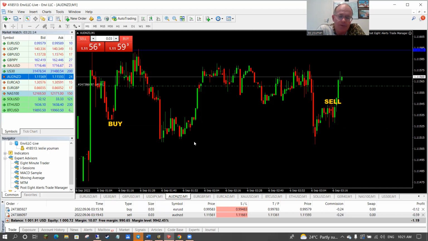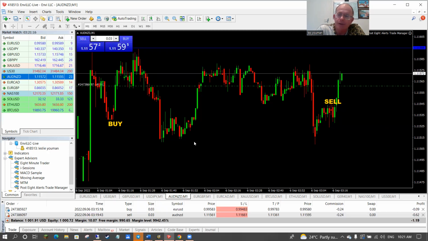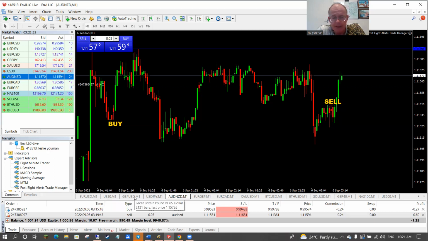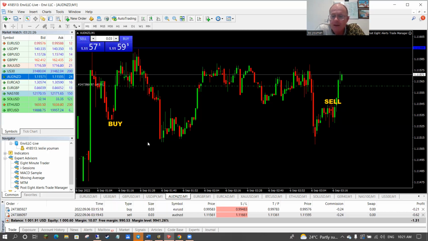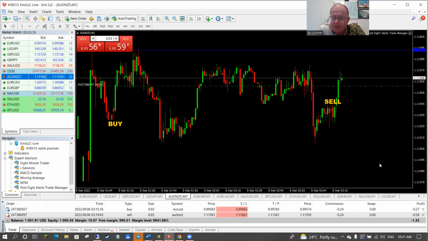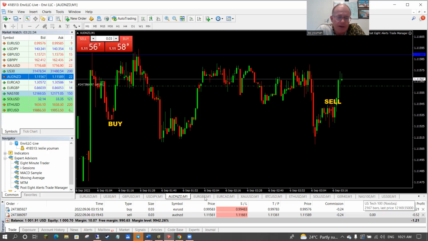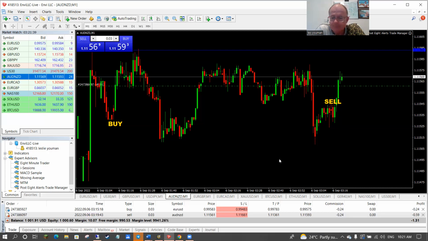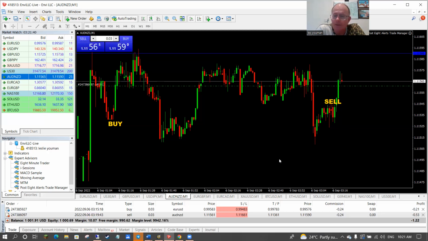So that would give me more exposure on the US dollar, meaning that if this trade went bad, most likely this trade would also go bad because they're closely correlated. So I want to avoid that. But all crypto pairs are closely correlated. NAS 100 and the US 30 are closely correlated because they're all dealing with US companies and therefore affected by the US dollar.